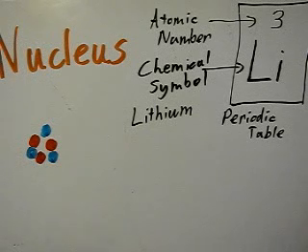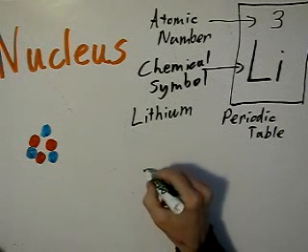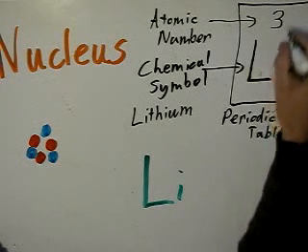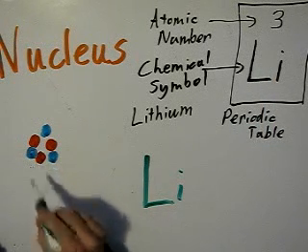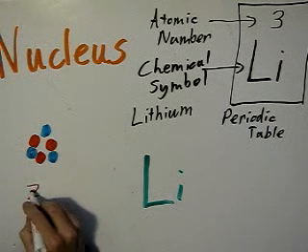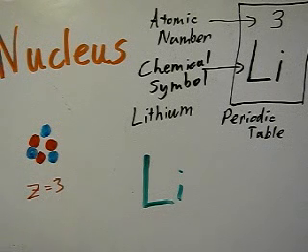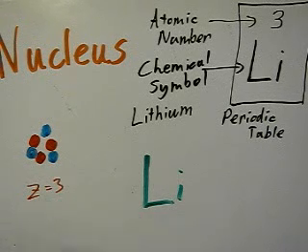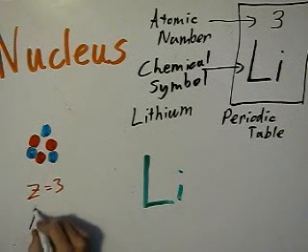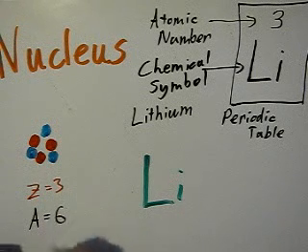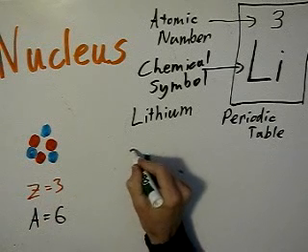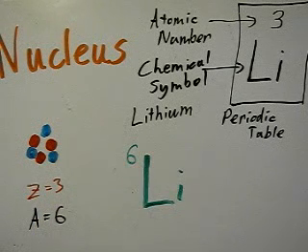Okay. How would I write this one? Well, it's still lithium because it has 3 protons: 1, 2, 3. Z equals 3, right? What's A in this case? Well, A is 1, 2, 3, 4, 5, 6. So I would write the name of this nucleus as lithium 6.